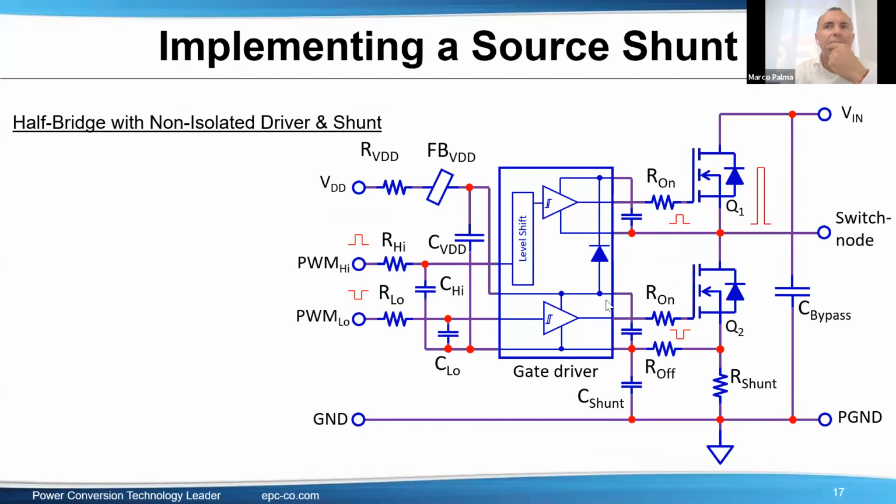And then the question here, why am I not showing ROFF? You have to imagine here you have R off, okay? Or you have to imagine that the gate driver usually has two outputs, so R off is going like this. So the main point, let me clarify better.